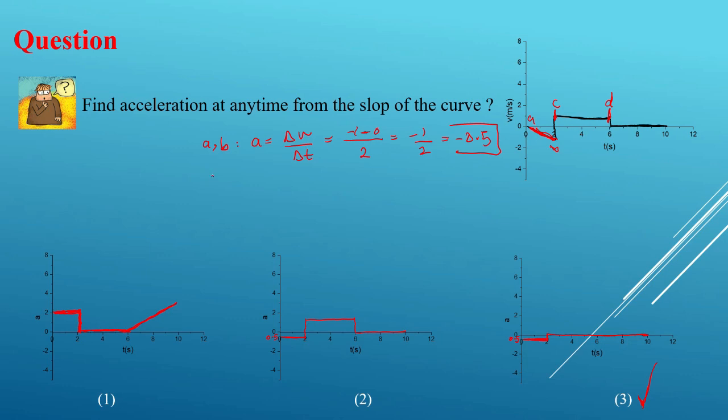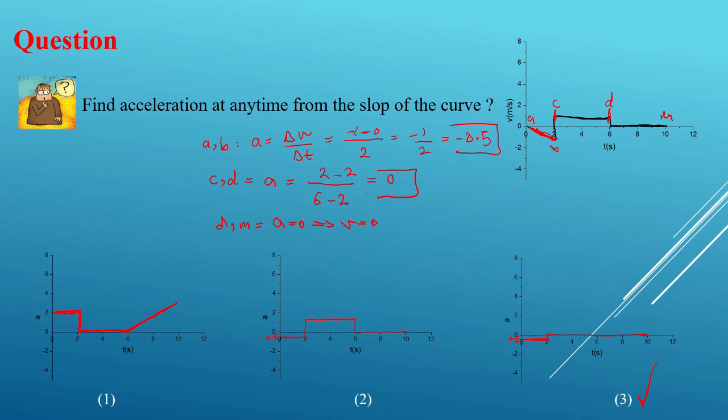And then the acceleration between C and D is equal to a, so time is going to be 6 minus 2, and then this one is going to be 2 minus 2, which is 0, right? And for the last one, between D and M, the acceleration is equal to 0 because my V is equal to 0, right?